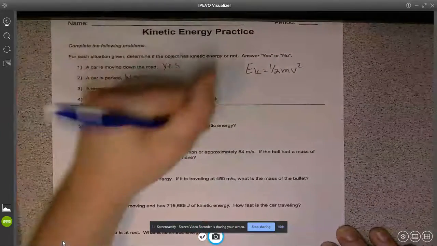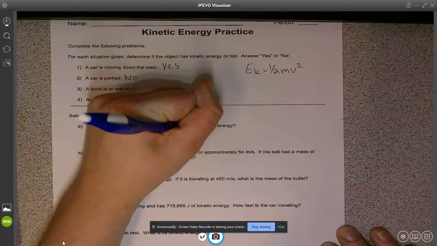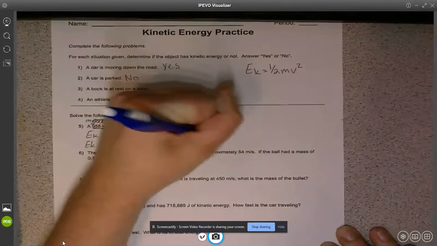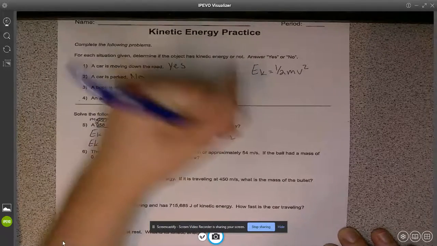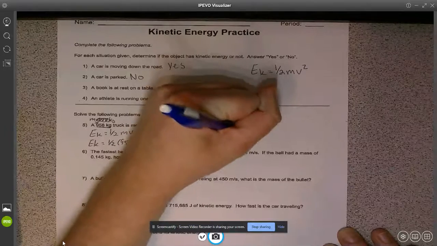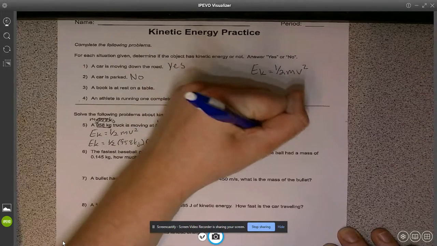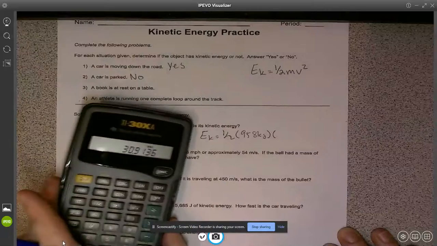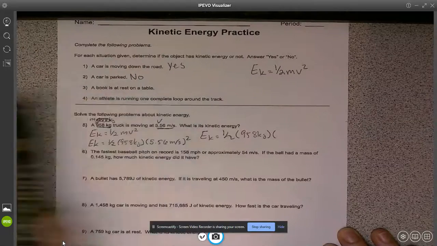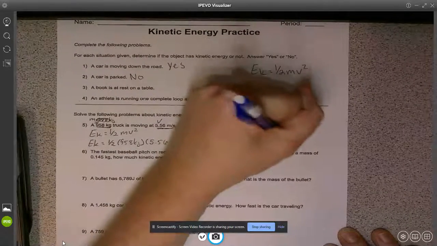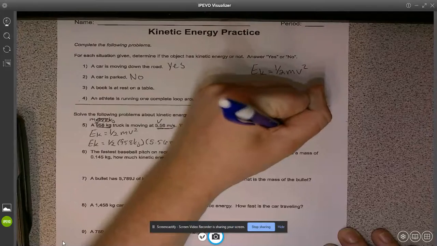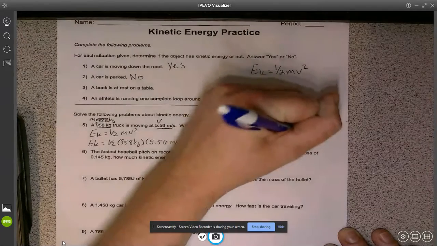Scoot that over. So now I have my kinetic energy is equal to half times my mass, 958 kilograms, times my velocity squared, which we did in our calculator, which is equal to 30.91 meters for every second.